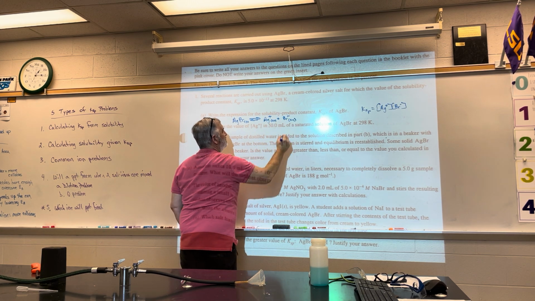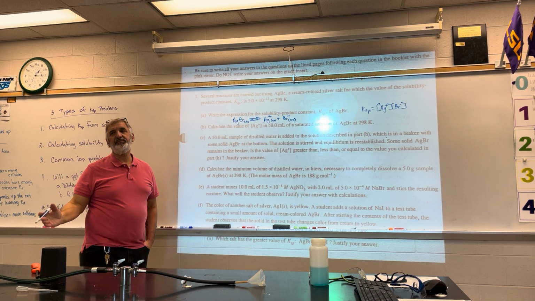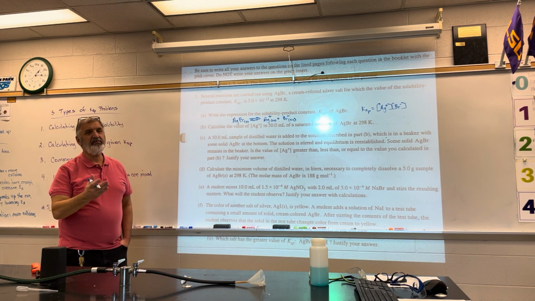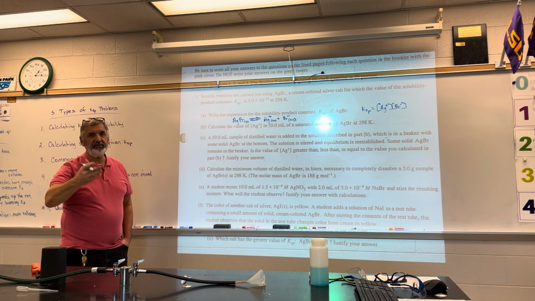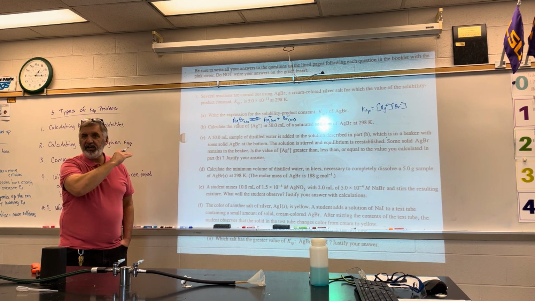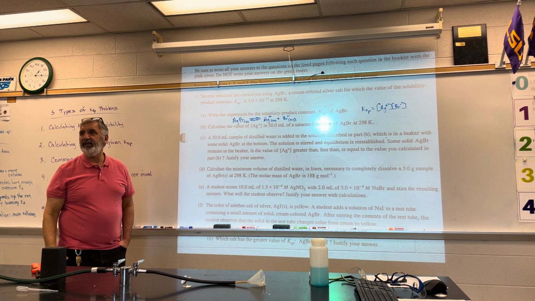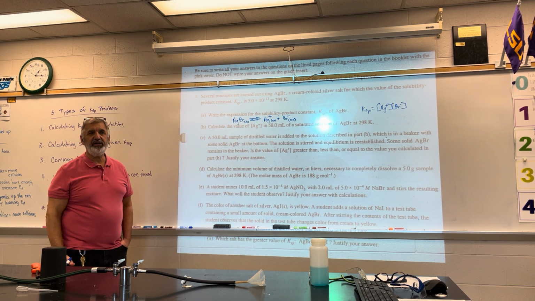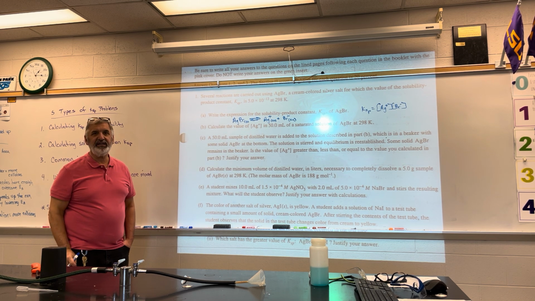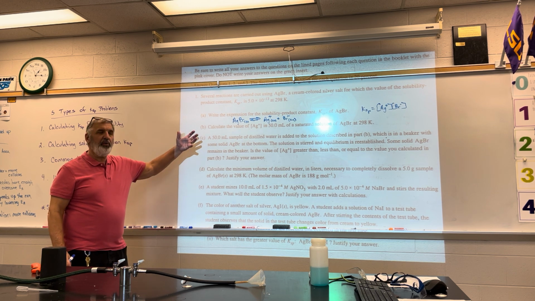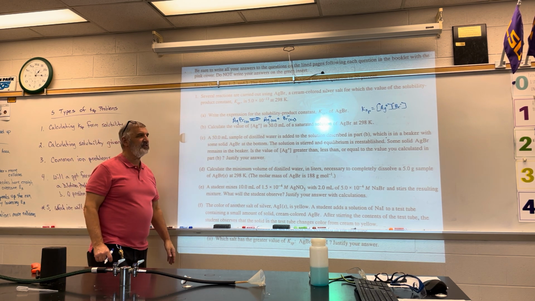Now look, so many times in years past, people have tried to add water into this simple equation, AgBr plus water, and then tried to do all kinds of stuff. It's just the simple dissociation. The aqueous tells me there's water there. Just keep these equations simple. I know there's going to be a big gap between now and May when you actually take the test, but it's always going to be just this equation.